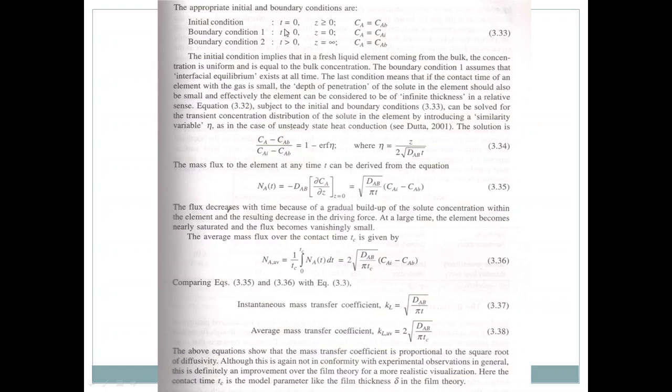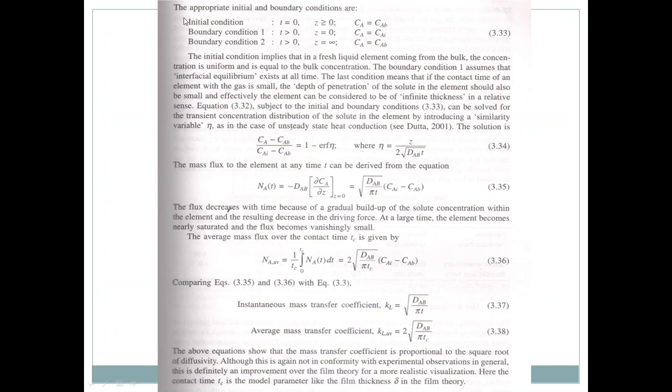First is the initial condition: when t equals 0, z greater than or equal to 0, meaning the liquid element did not touch the bubble, then CA will be the bulk concentration. When t is greater than 0, at z equal to 0, it is in equilibrium, so this will be the surface concentration. Then again, at z equal to infinity, where mass transfer does not occur, the concentration will be the bulk concentration.